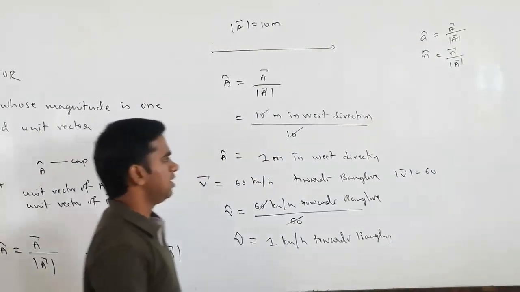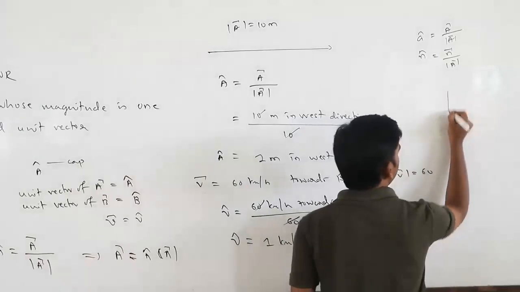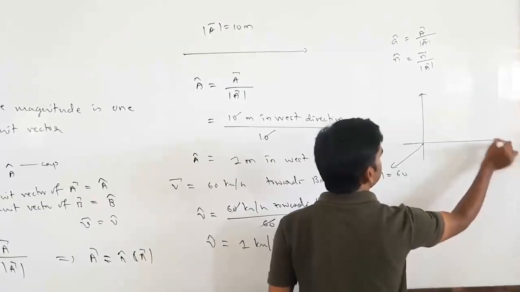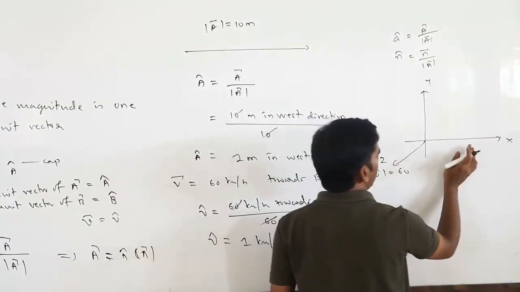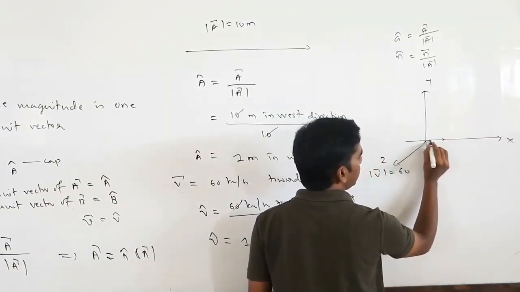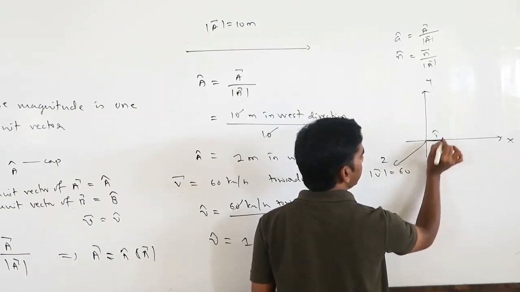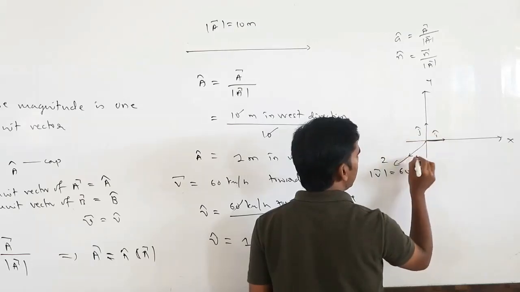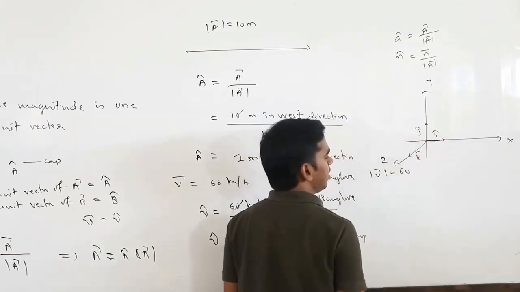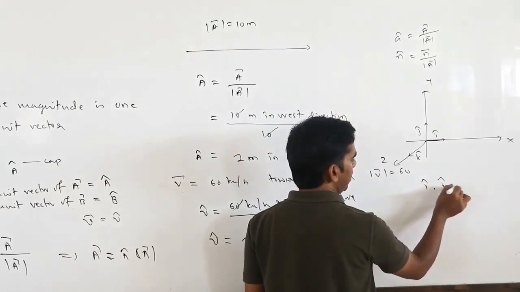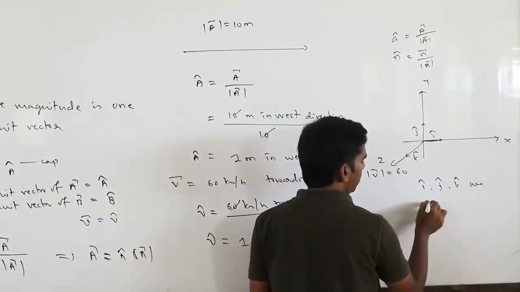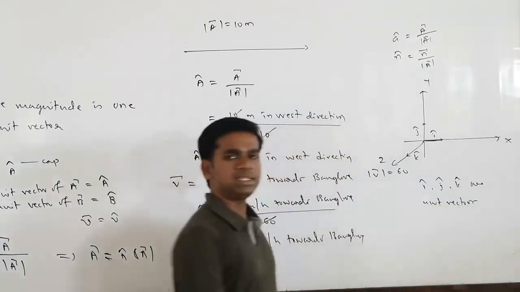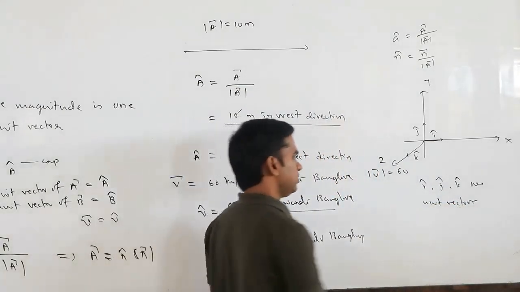But usually in our coordinate system, if you take 3 axes, x, y, z, along the x axis the unit vector I will take as i cap. Along y, this I will take as j cap. Along z we will take k cap. So i cap, j cap and k cap are unit vectors along x, y, z.